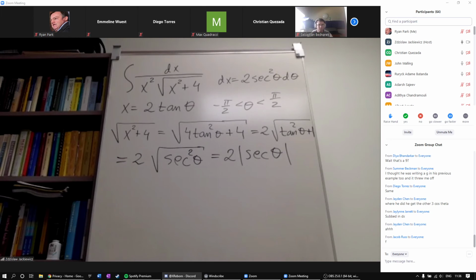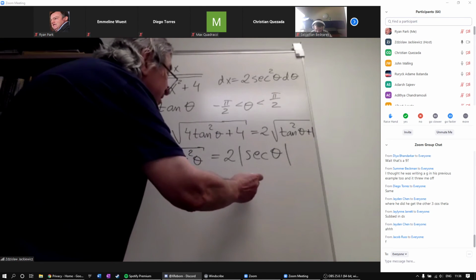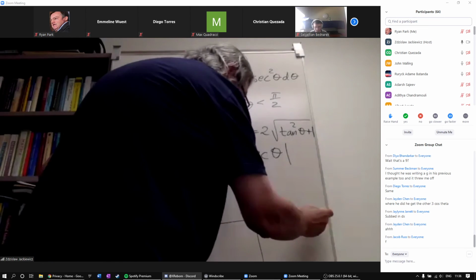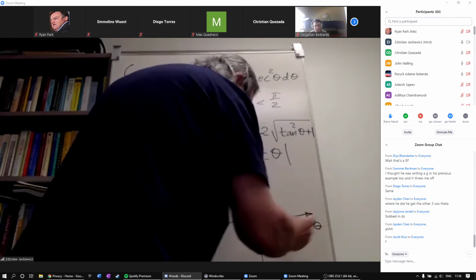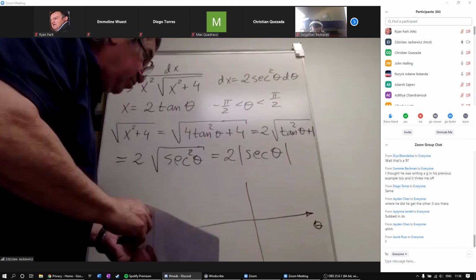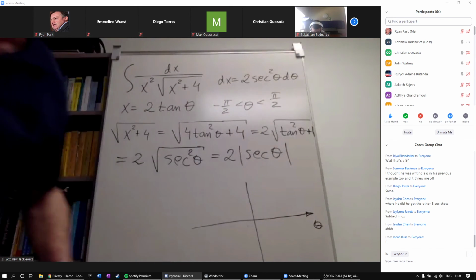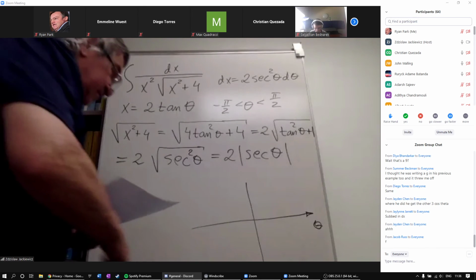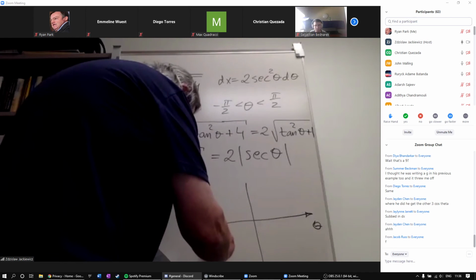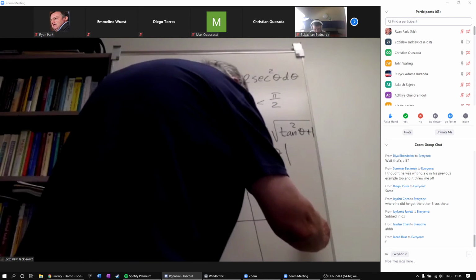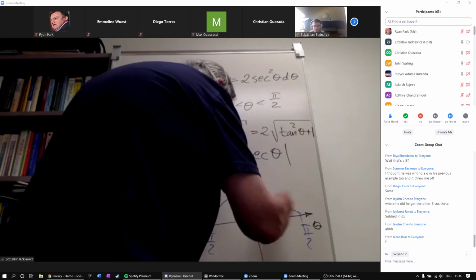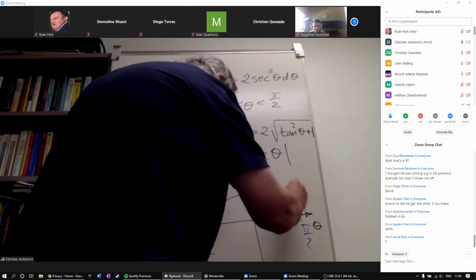Now, secant theta is 1 over cosine. So let me draw here: theta from minus pi over 2 to pi over 2. In blue, I will put cosine theta.